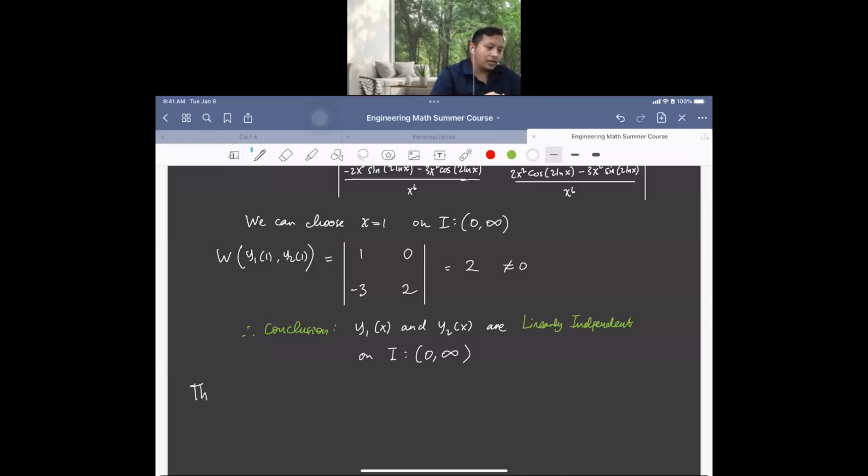Okay, now the theorem. Why we need the linearly independent solutions. Okay?